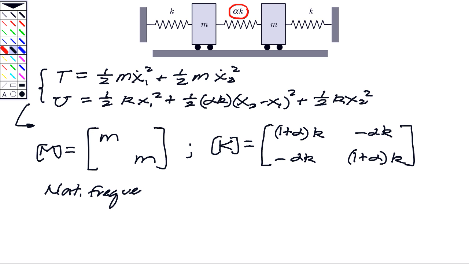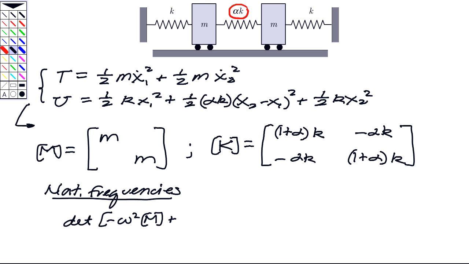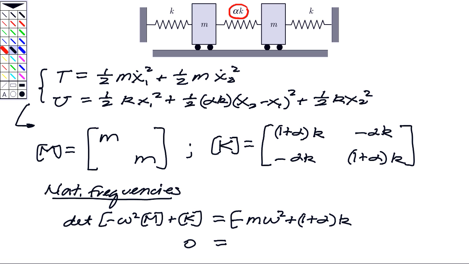Natural frequencies, as always, we'll set up the characteristic equation by taking the determinant of the matrix of minus omega squared m plus k, and we set that determinant equal to 0. So the determinant here is going to be minus m omega squared plus 1 plus alpha k. The 1,1 and the 2,2 are the same, so that becomes a square, and then minus alpha k squared.